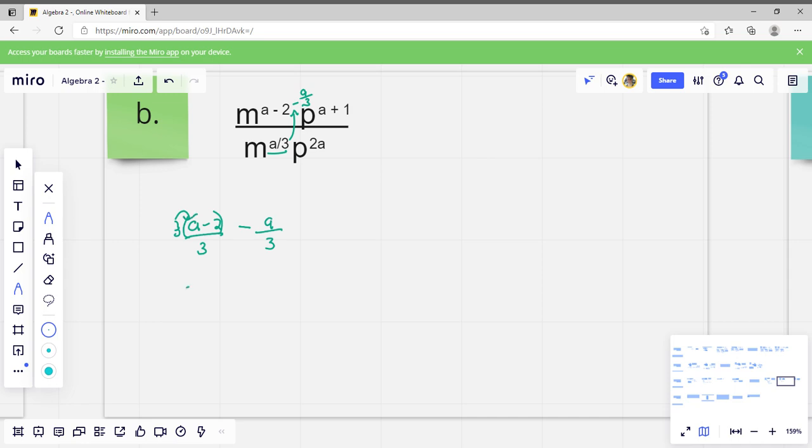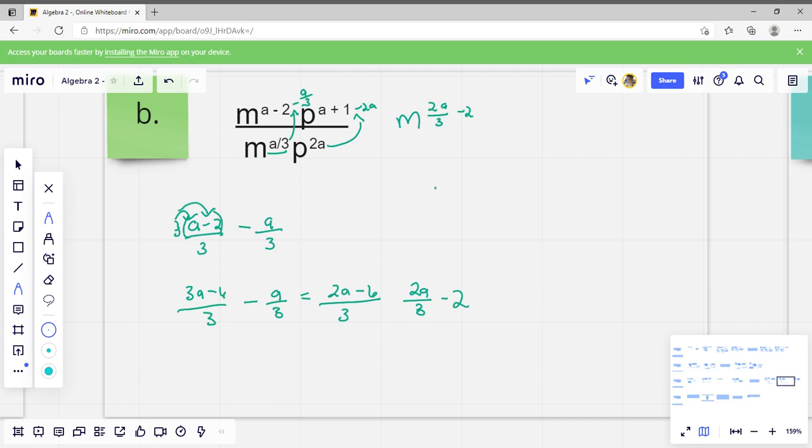So we'd have 3a minus 6 over 3 minus a over 3. 3a minus a will be 2a minus 6 over 3. Then we'll just separate that out and say 2a over 3 minus 6 over 3 will be 2. 2a over 3 minus 2.